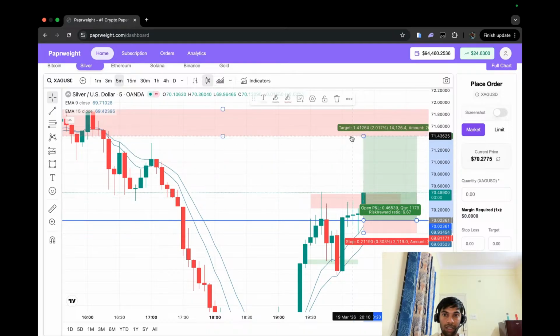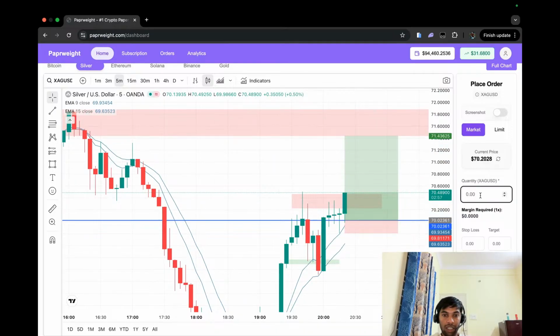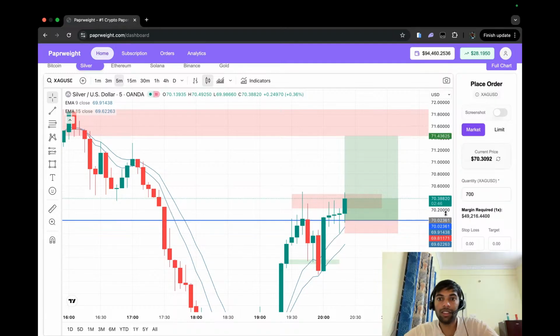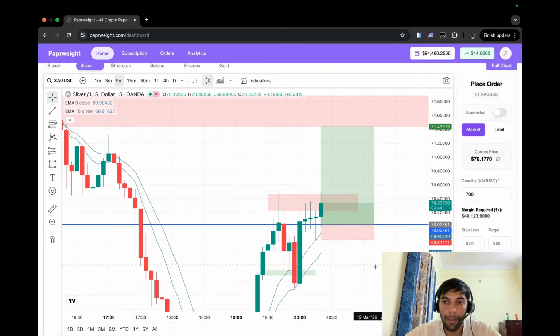But this is our. Okay, guys, I will jump with more quantity. Okay, insufficient funds. 700. Let's wait for this candle to close actually.